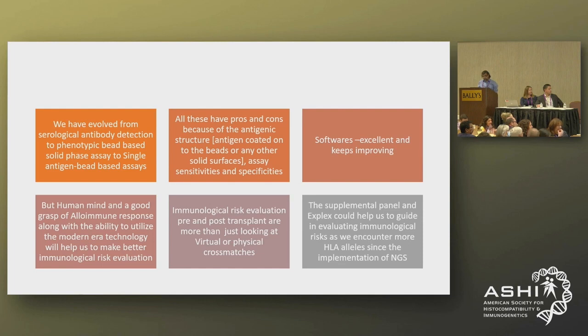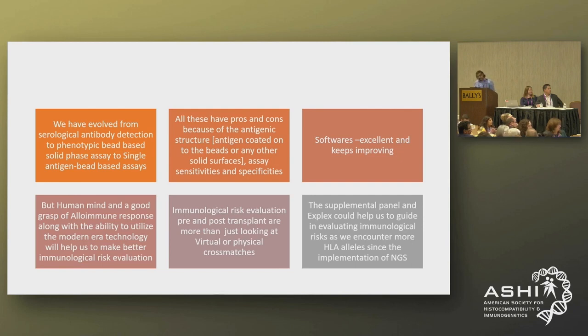And the second speaker showed how much we can clean up the existing class 1, class 2 antibody responses or antibody assignments which we get, which are non-specific, and how we can clean it up.